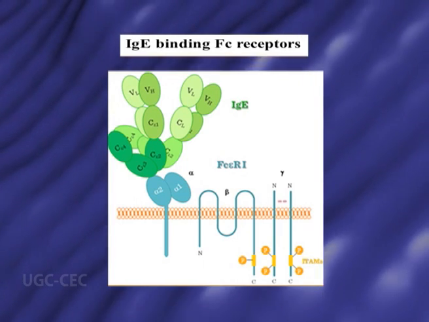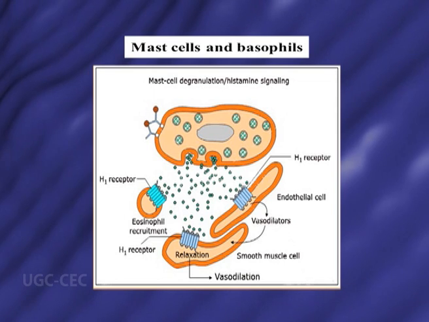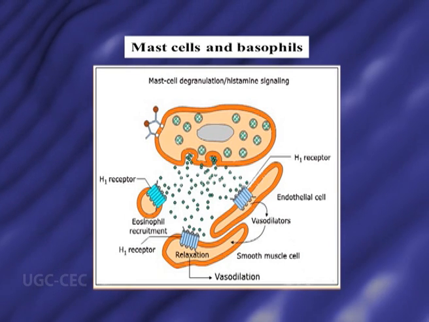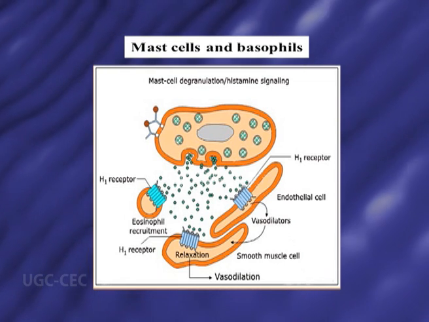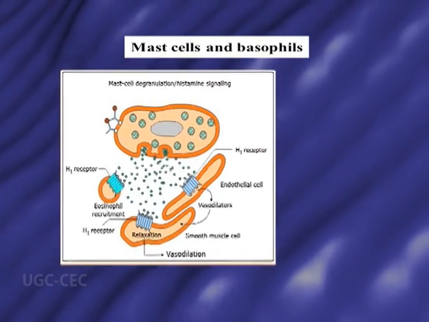It has been found that almost 40,000 to 90,000 Fc receptors are present on the surface of a mast cell or basophil. Now, mast cells are found in our connective tissue near blood and lymphatic vessels, also under the skin, and in skin, in 1 cubic millimeter, we can see almost 10,000 mast cells.